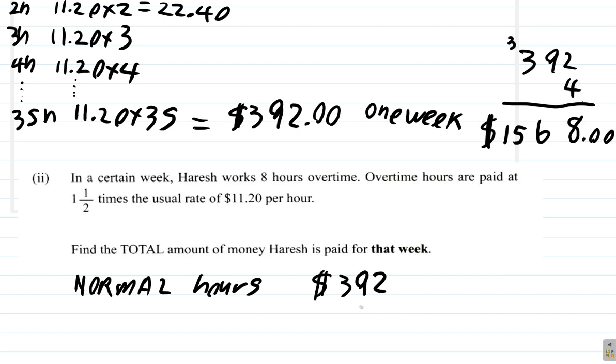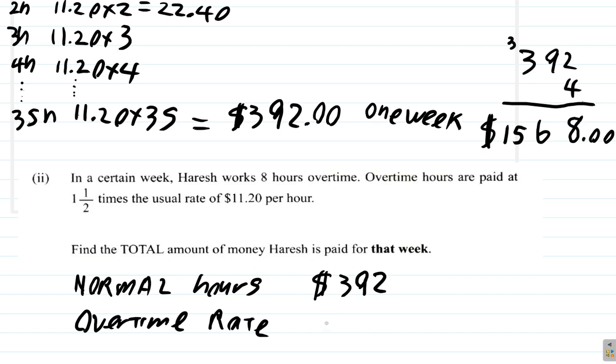But now, he works 8 hours overtime. Let us look at the overtime rate. 1.5 times the usual. Remember, the normal rate is $11.20 per hour. But for overtime, he works 1.5 times that.